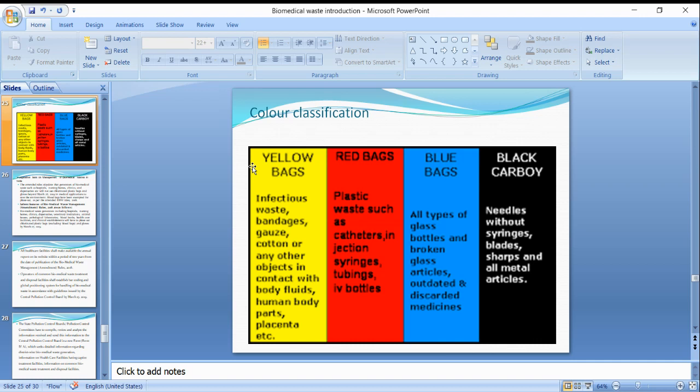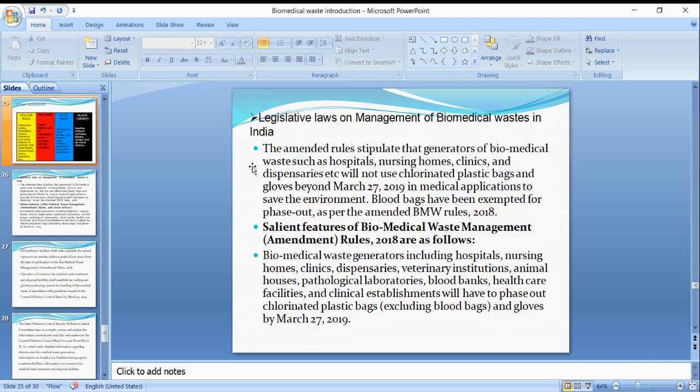The black carboy holds blades, sharps, and metal articles. So these are the things about the impact of biomedical waste on health and the environment.